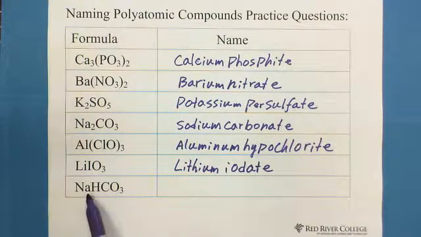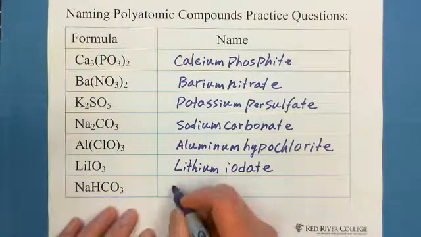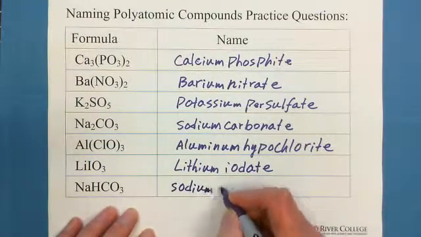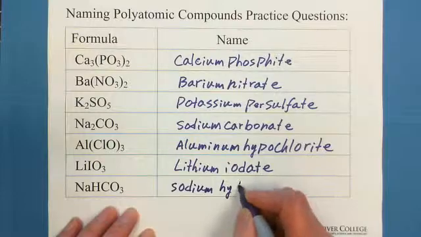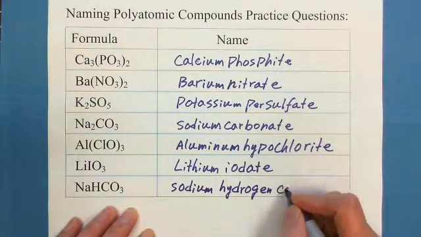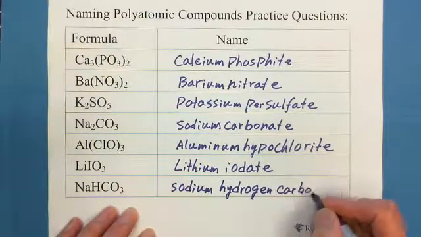The next is Na, sodium, HCO3. You can say H is hydrogen, CO3 is carbonate. Named together, this is sodium hydrogen carbonate.